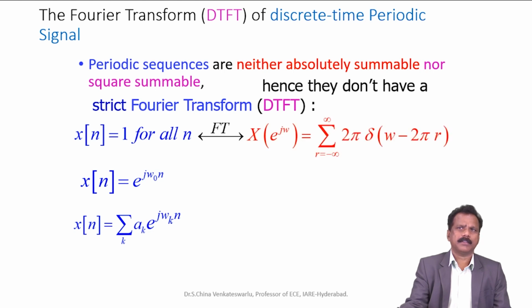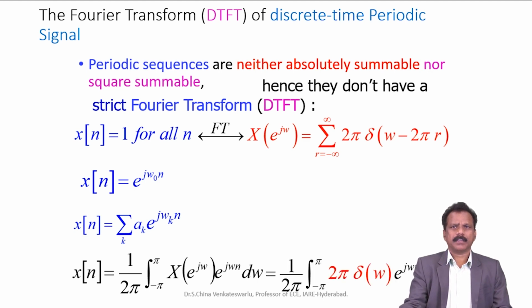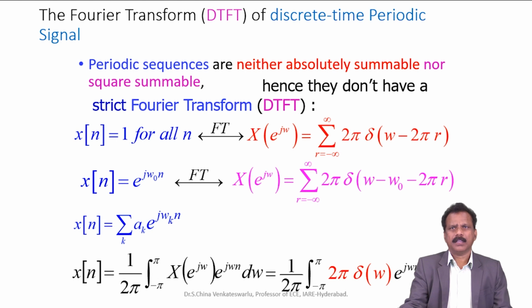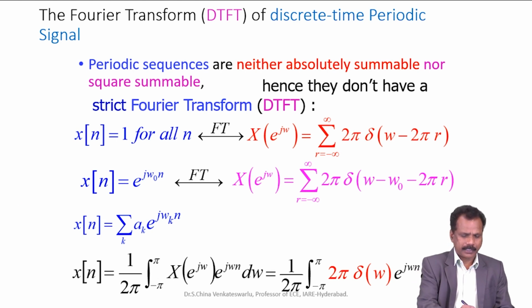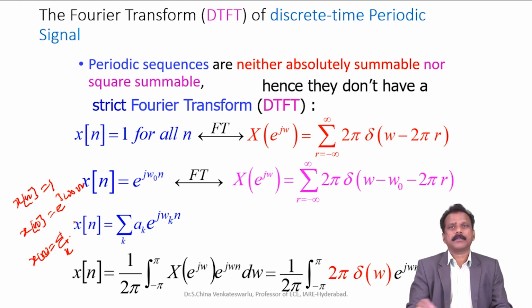So we have to follow this. After applying the Fourier transform, we verify all these x of n values: x of n equal to 1 for all n, x of n equal to e power j omega naught n, and so on, where x of n is equal to the summation over k of ak into e power j omega k n.